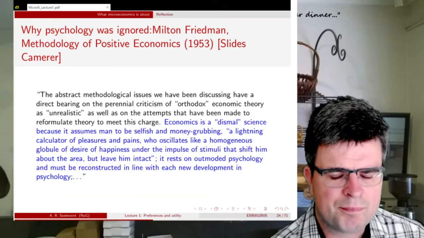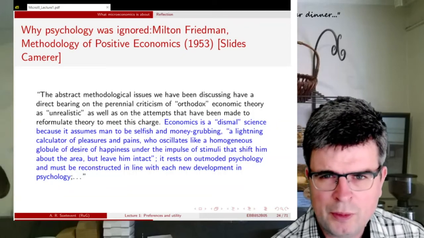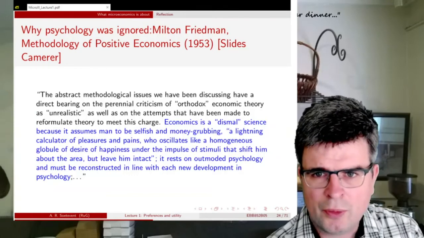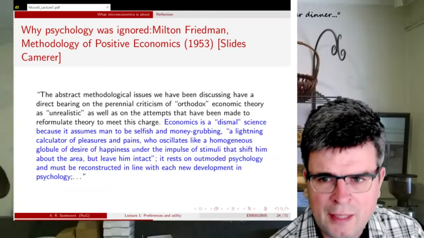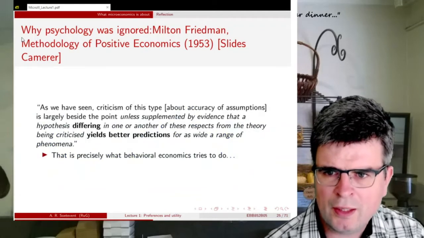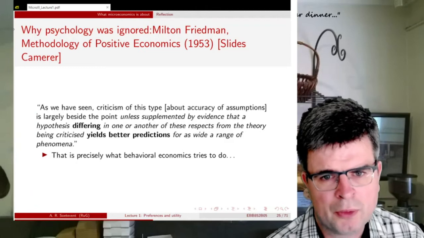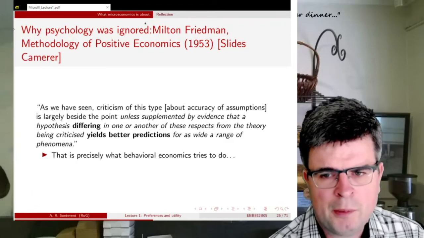And that's the criticism that you often hear, and Milton Friedman is also not liked for his neoclassical approach, but it's often ignored what he writes next, where he says that, as we have seen, criticism of this type about the accuracy of the assumptions that we make is largely beside the point.